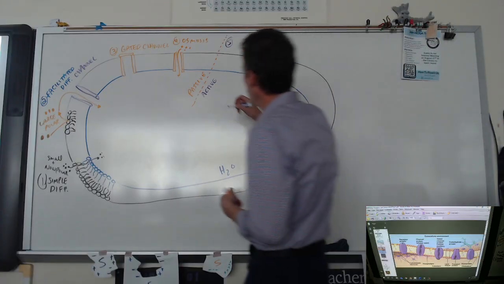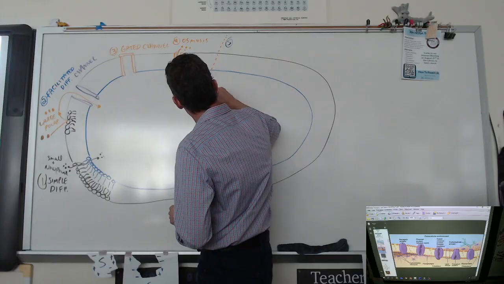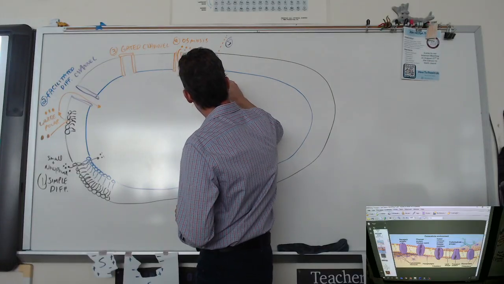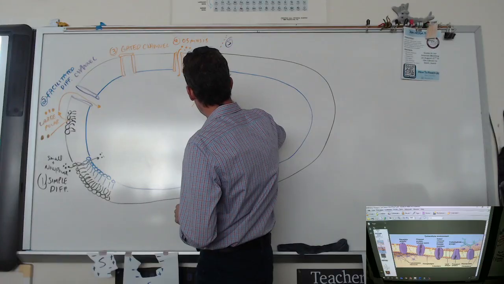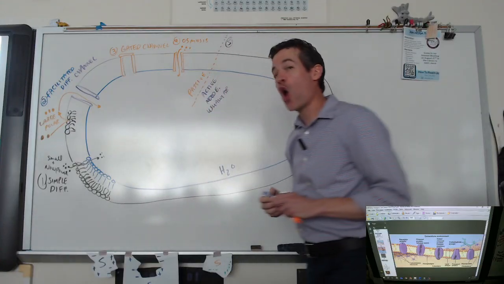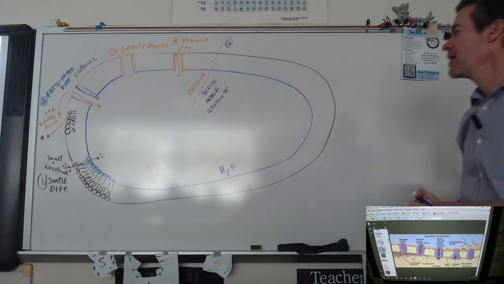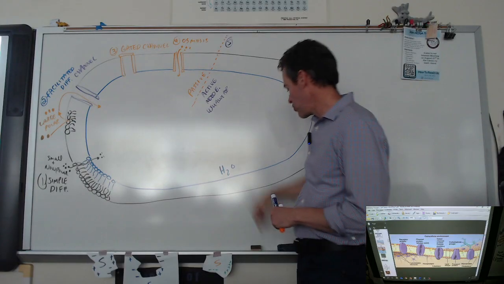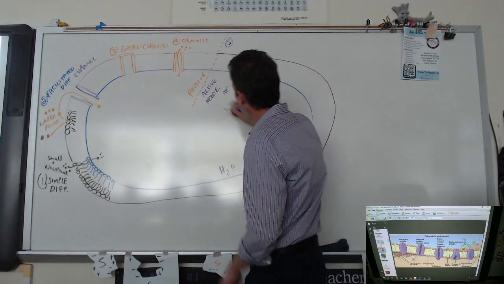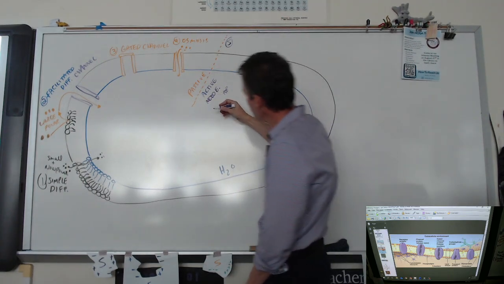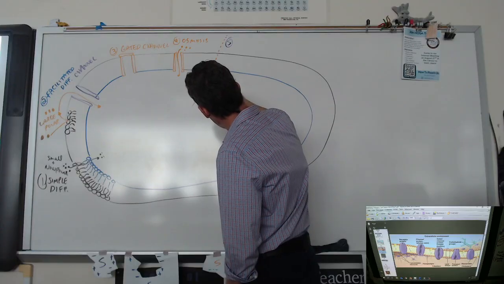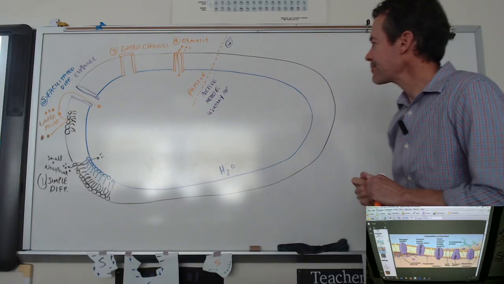So if it's active transport, I will always need energy, and it's usually ATP. Always need, capital E is energy, and then that energy is usually ATP.